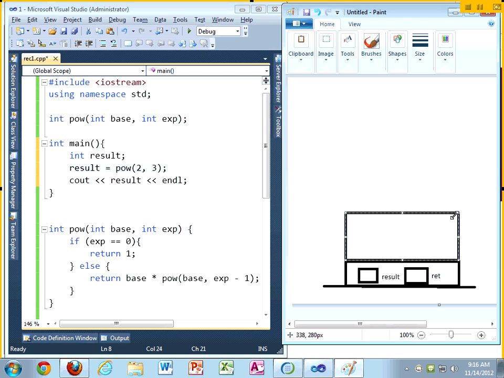Okay, so here's my activation record for that first call to the POW function. What's going to go in here is my two local variables. I've got to figure out a way to put four of them in here.